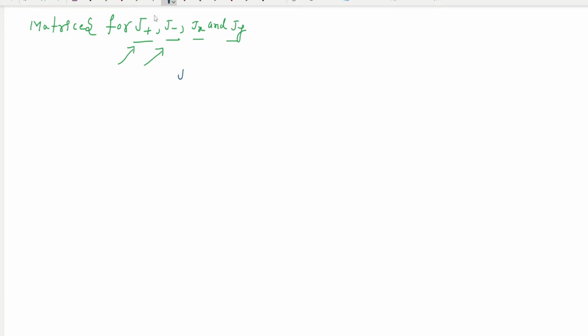If you apply, for example, J square on this quantum state, then we get H cross square J into J plus 1. These are the eigenvalues, and the remaining part is the eigenfunction of the system.